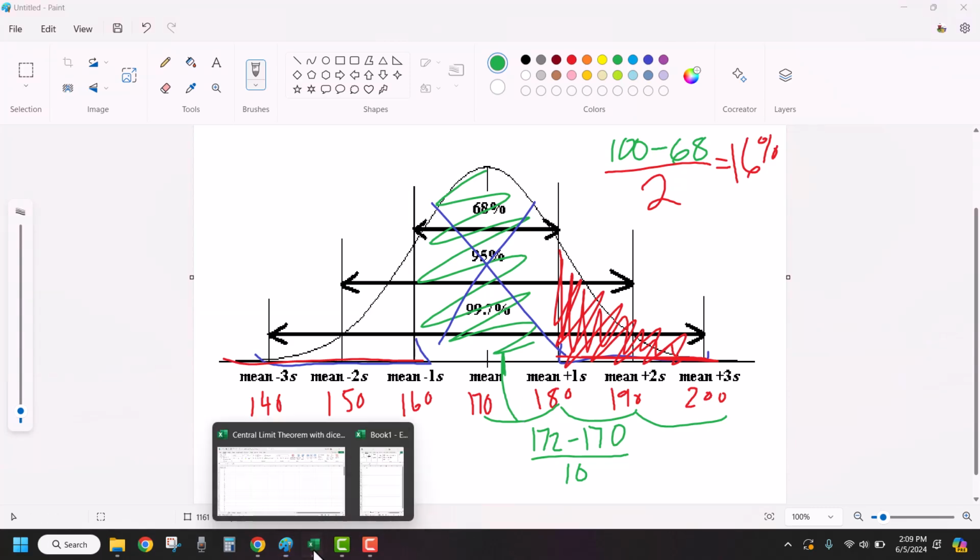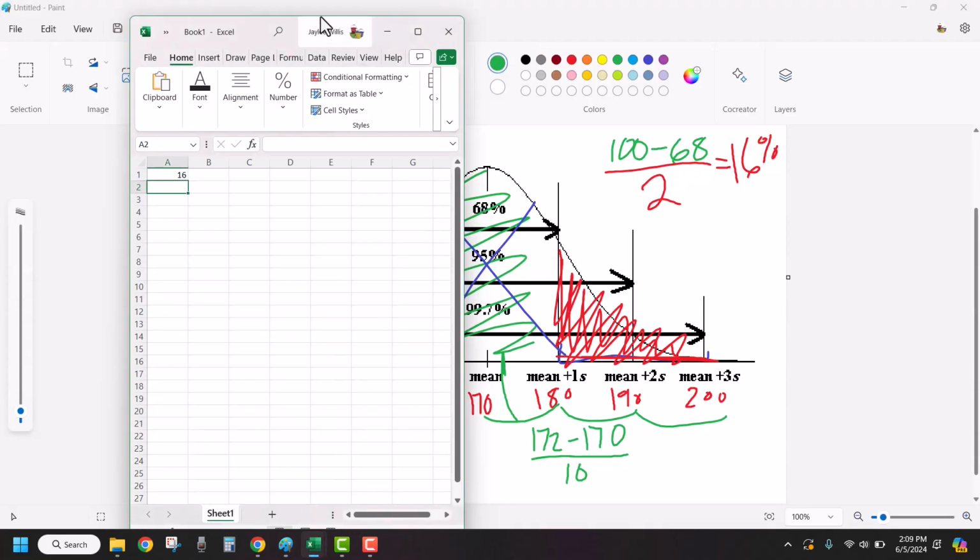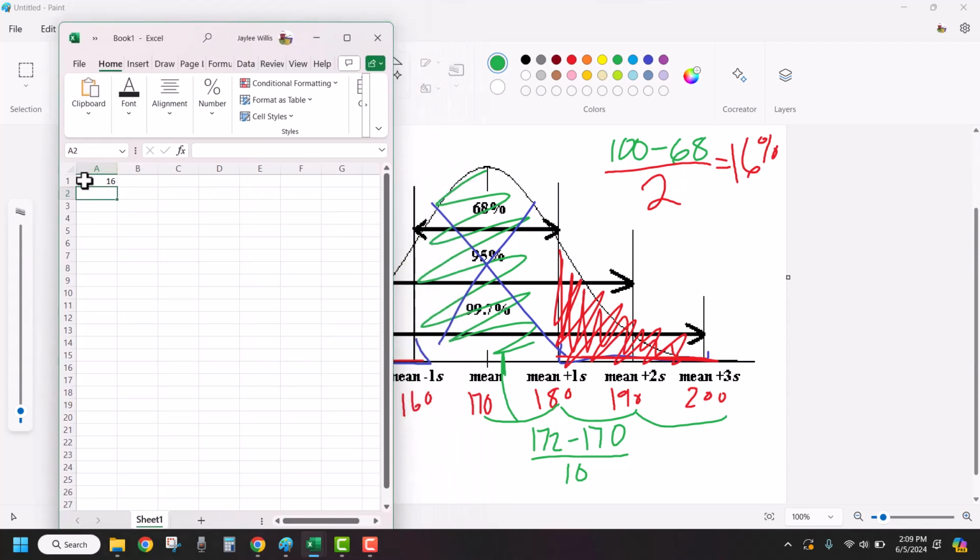And so if I wanted to use Excel to calculate out the z-score for this, I'll just do another calculation here. I would, in parentheses, do 172 minus 170, put that in parentheses, and then I want to divide that by the standard deviation. And that gives me a z-score of 0.2. And what that means is that this data point, or this 172-pound woman, is 0.2 standard deviations above the mean.